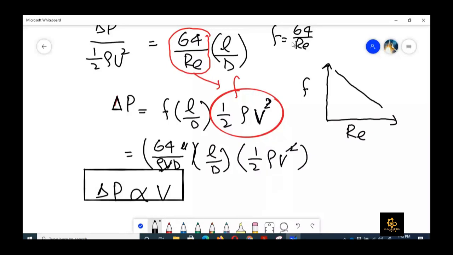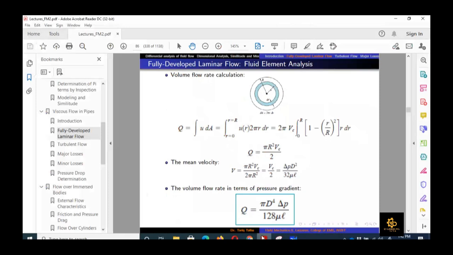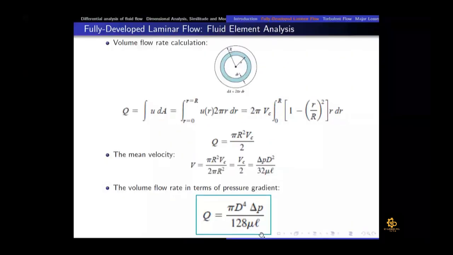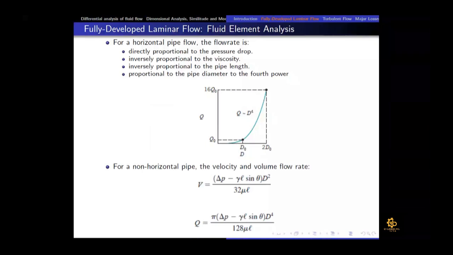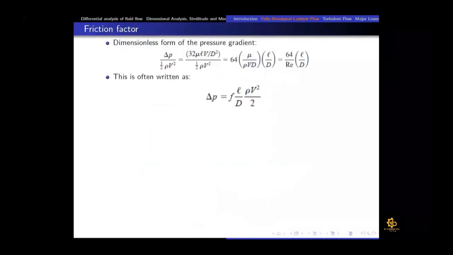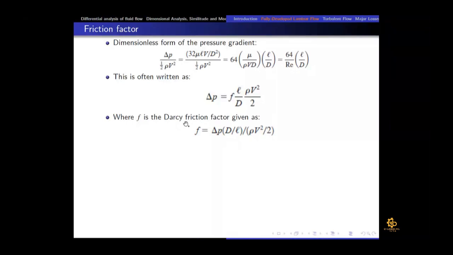So that was it. For now, we can go through the slides, and then we can do one numerical problem for friction factor and these force calculations for laminar flow. First of all, we discussed the concept of friction factor with respect to non-dimensionalization of delta P. So we replace delta P with the mean velocity by the relation which we derived in the last class, and from there we can write it where f is what we call the friction factor, also called Darcy's friction factor because that is the name of the scientist who proposed this.